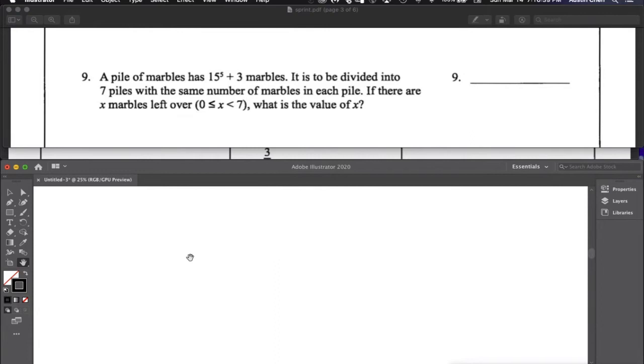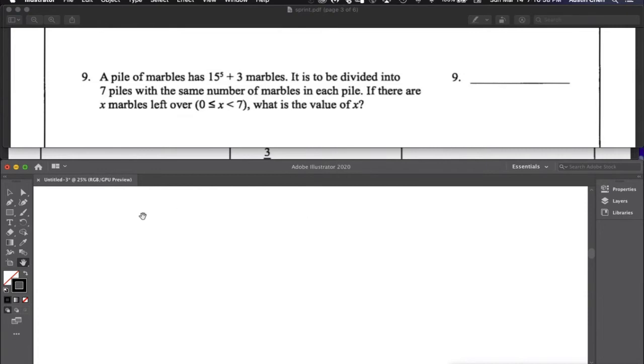In division, you're looking at how many sevens you can take out, but in modulus, you're looking at how many marbles remain after taking out all of these sevens.